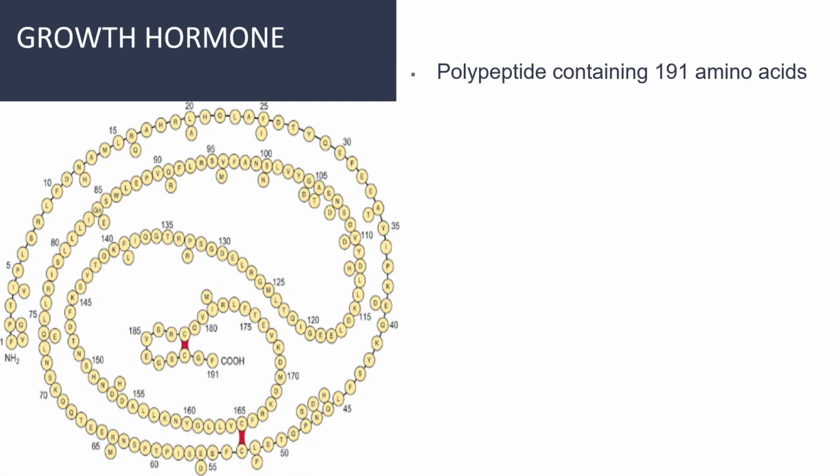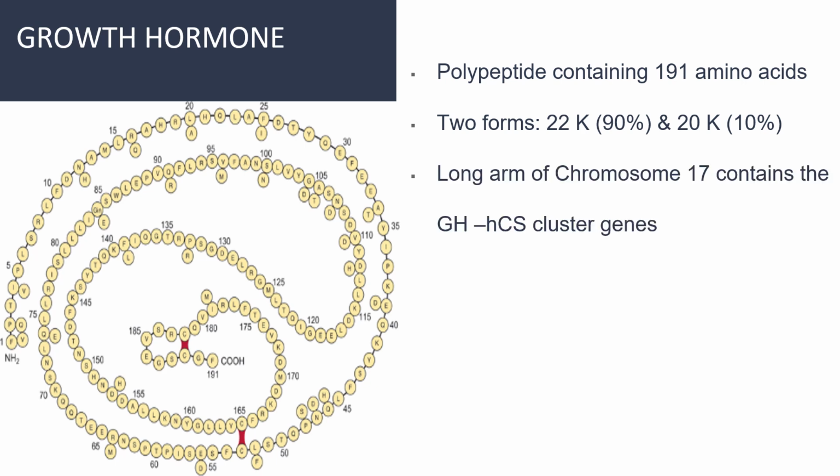Human growth hormone is a polypeptide which contains 191 amino acids. There are two forms of growth hormone. One has a molecular weight of 22,000, that constitutes around 90% of the growth hormone. The second one has a molecular weight of 20,000, that constitutes around 10% of the total circulating growth hormone.